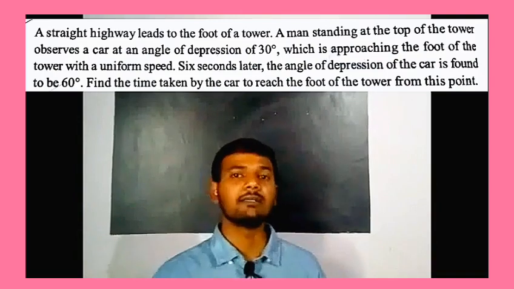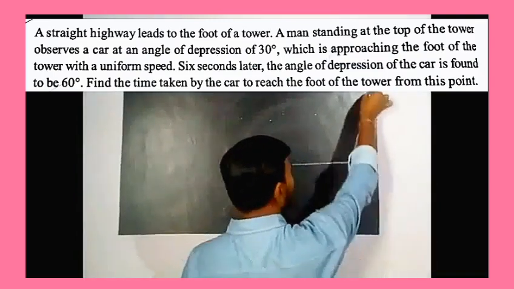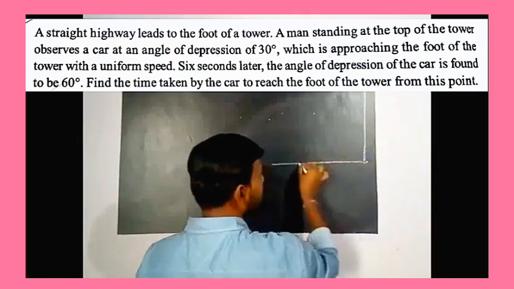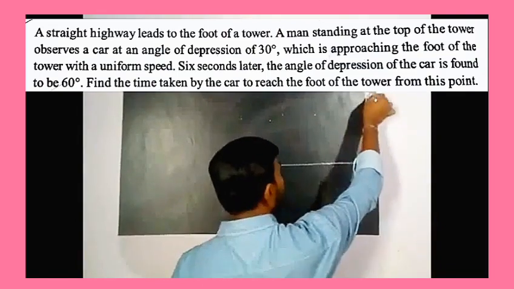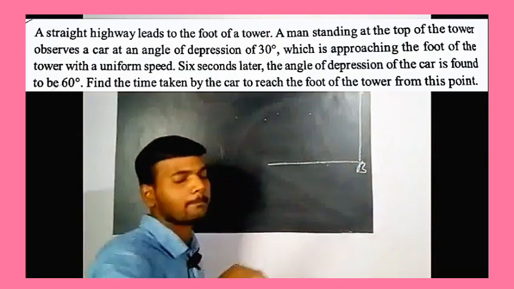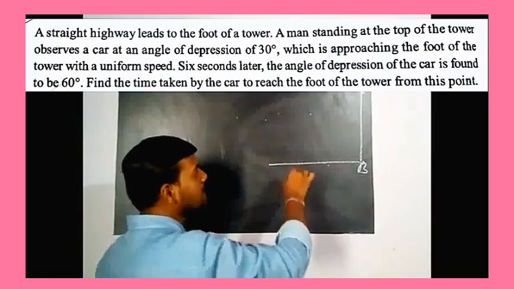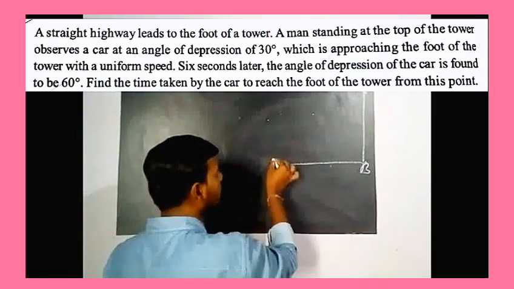Here there is a tower and a highway. The tower is here, and above the tower there is a man standing. He is observing a car from that point, and here is a car.